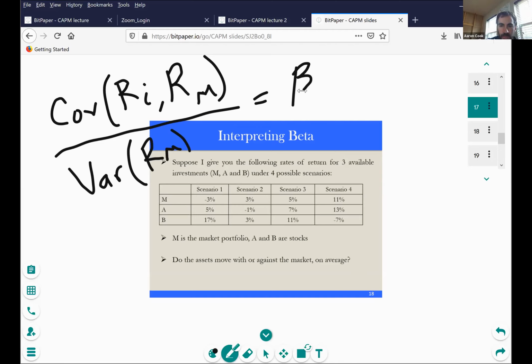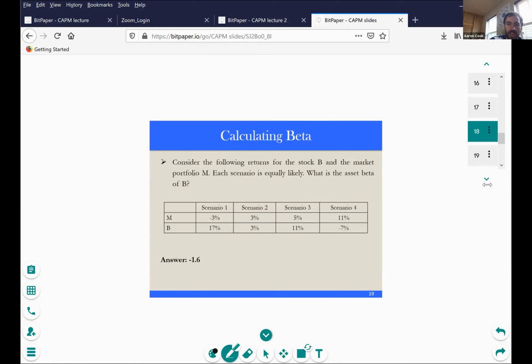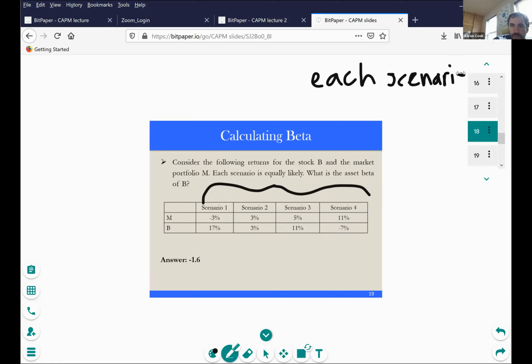So if we look at the individual returns on stock B and the returns on the market, and each of these scenarios has a 0.25 probability, then we can compute the beta.